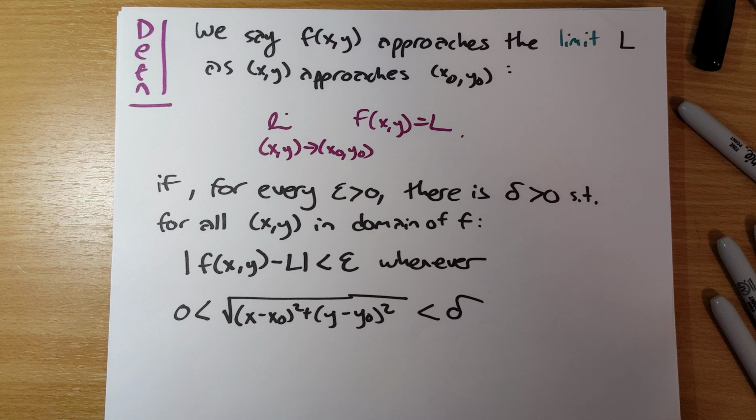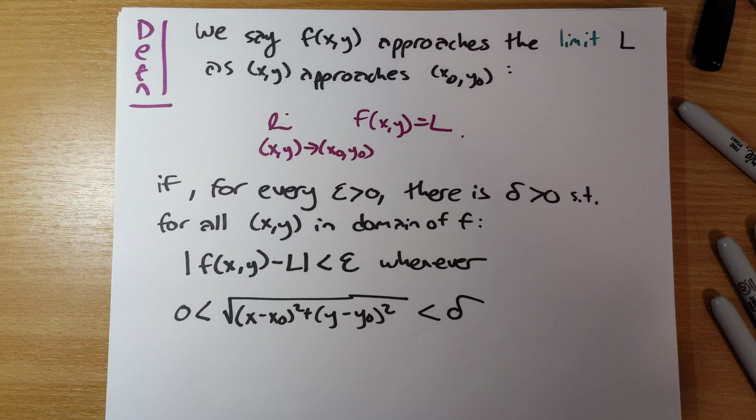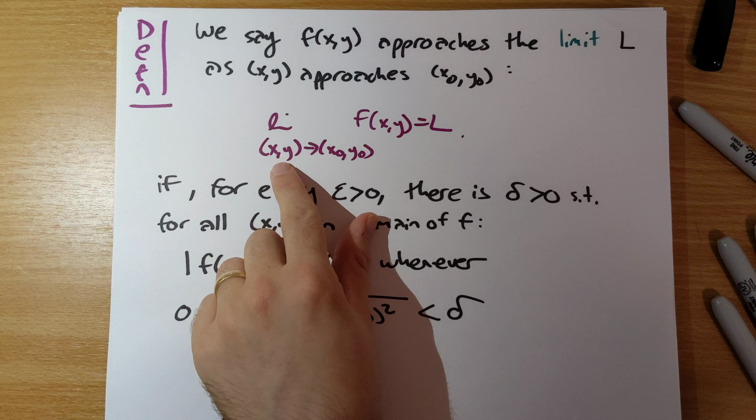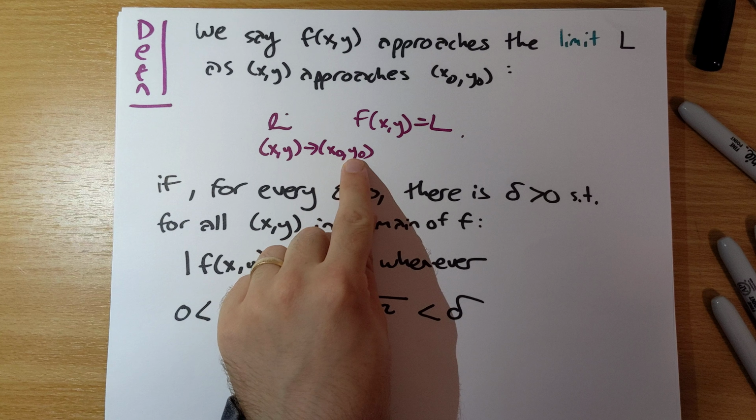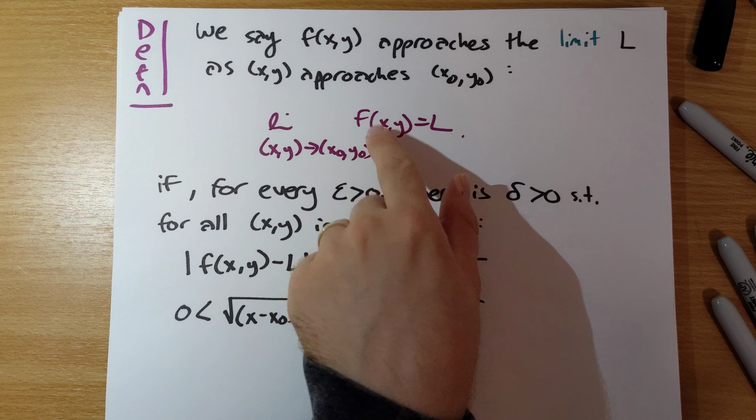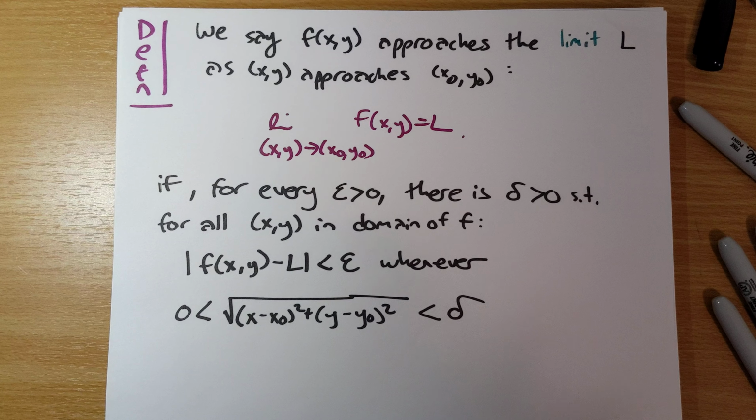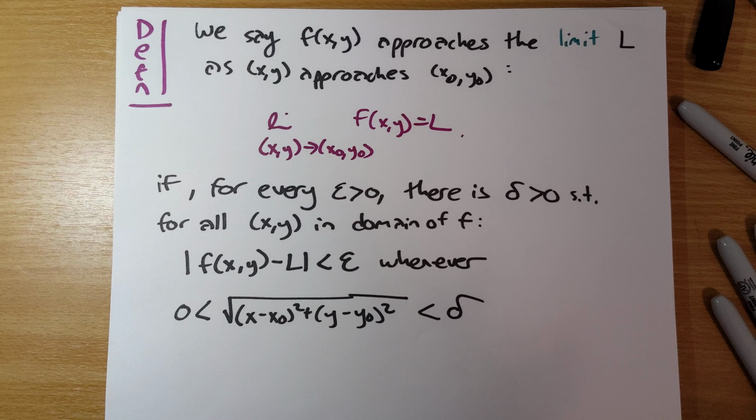We say the function f of x y approaches the limit L as x y approaches x naught y naught, limit as x y goes to x naught y naught, a point in the plane, of f of x y is equal to L. And now we have an epsilon delta definition here.